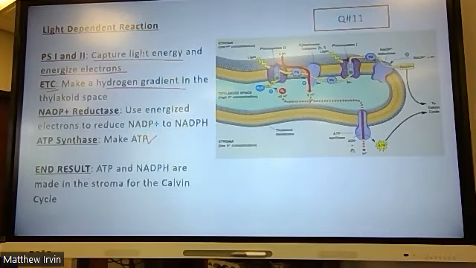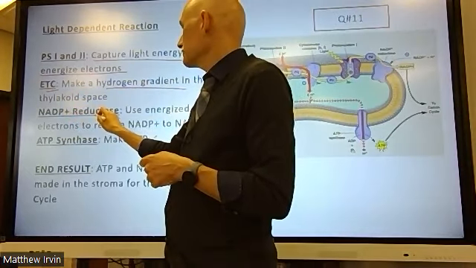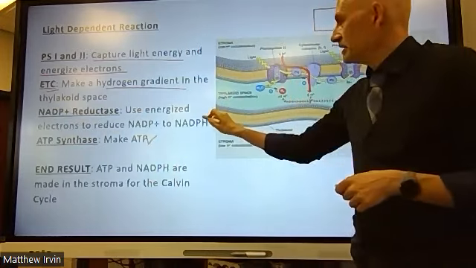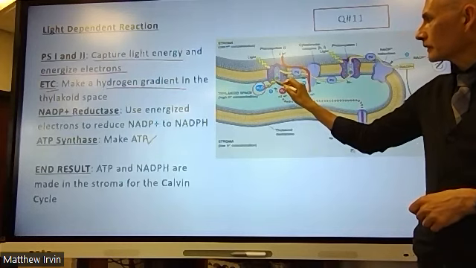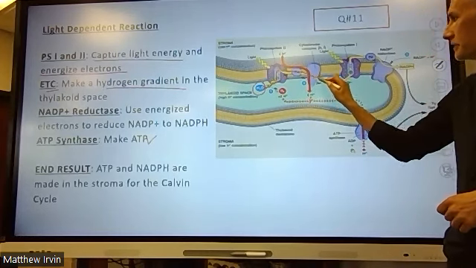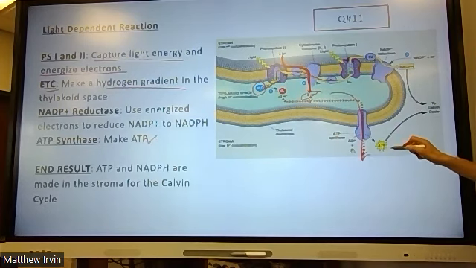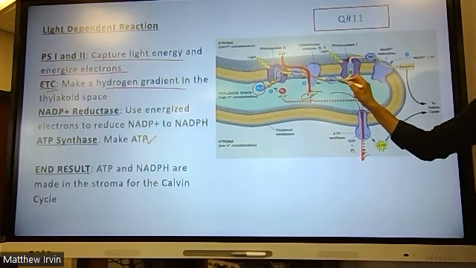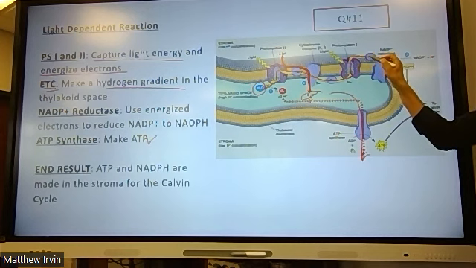The electrons will be re-energized in photosystem 1, and then they pass through this protein called ferredoxin.